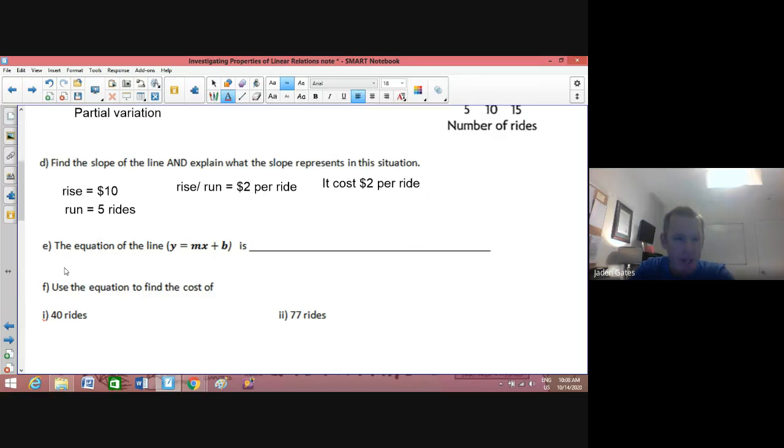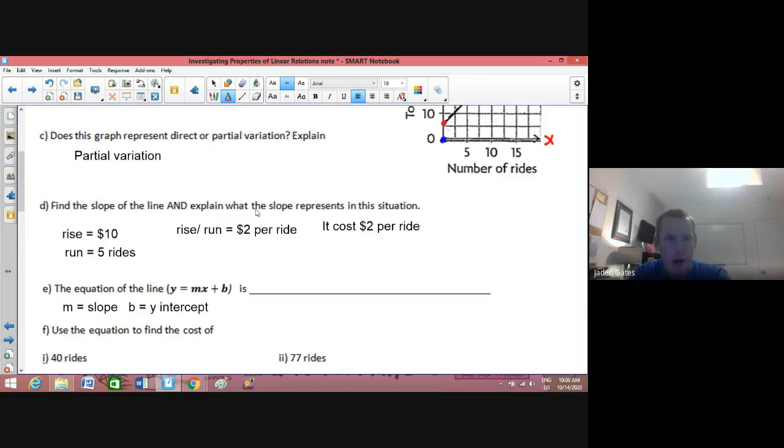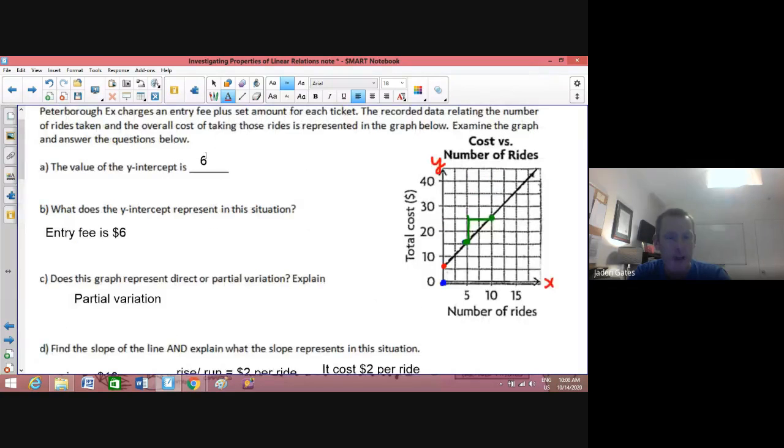The two things we need to know are m, which is the slope, and b, and I don't know why they call them this, the y-intercept. We've already found this stuff. Our slope is $2, so that's our m value. Our y-intercept we found was 6, so that is our b value.